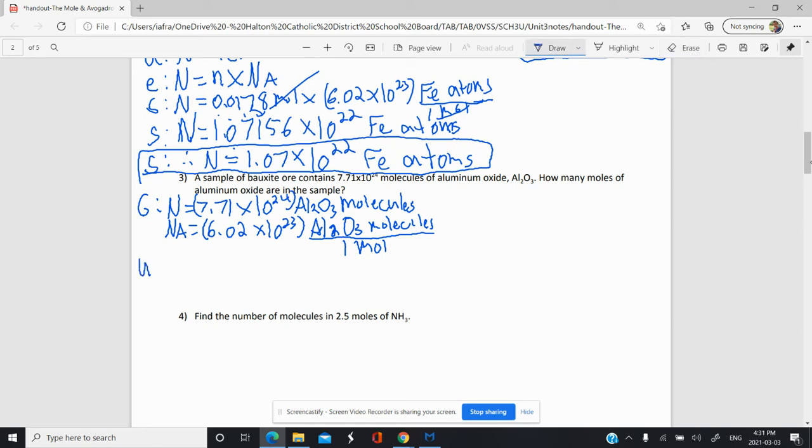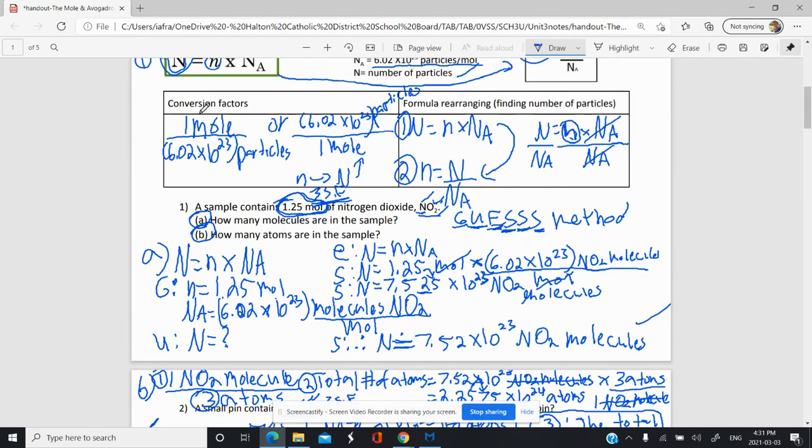Well, we are looking for the number of moles. And so we know that our equation for the number of moles is going to be n is equal to N over Na. In other words, we're using our other conversion factor. We're using the 1 mole over 6.02 times 10 to the power of 23 particles. So when we want to go from number of particles to number of moles, we're using that other conversion factor.